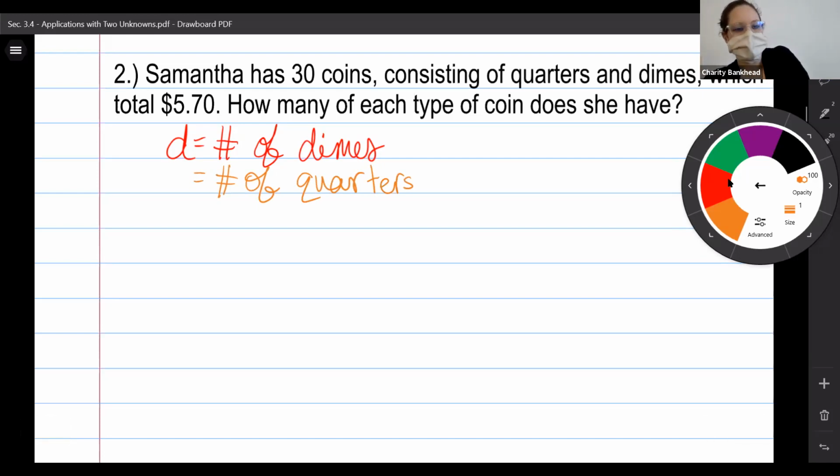What I'm going to try to do is write down an expression that represents the number of quarters, but instead of making a new variable of Q or something, I want to still use the variable of D.